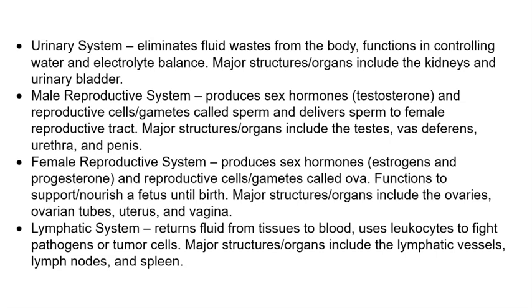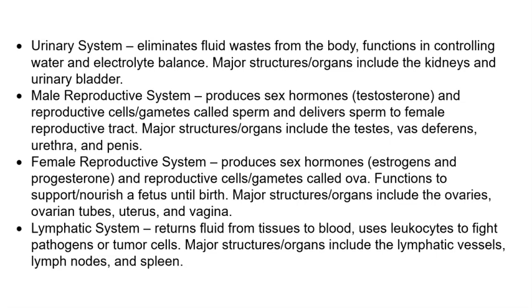Specifically, the male reproductive system produces testosterone, and the reproductive cells or gametes that it produces are called sperm. The remaining structures of the male reproductive system primarily function in delivering that sperm to the female reproductive tract. Major structures and organs include things like the testes, the vas deferens, the urethra, and the penis.